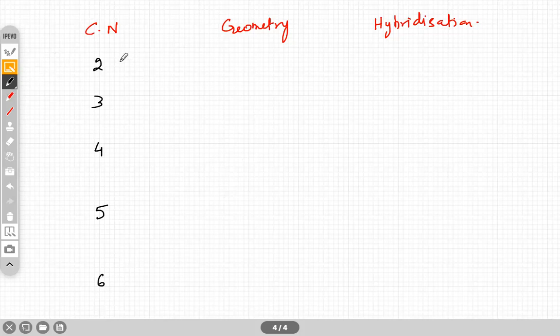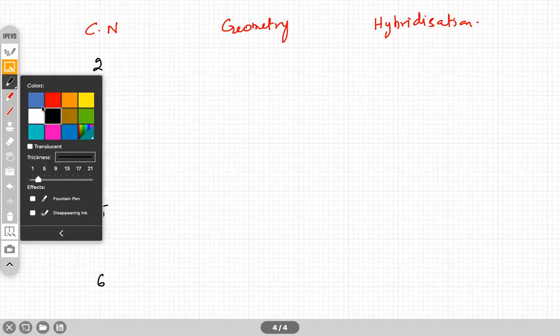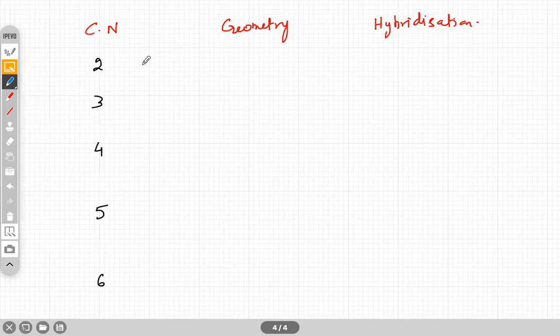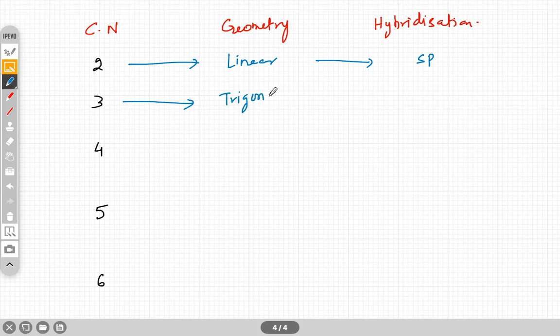If it is 2, then the geometry is linear. Hybridization is sp. If it is 3, then it is trigonal planar. Hybridization is sp2.